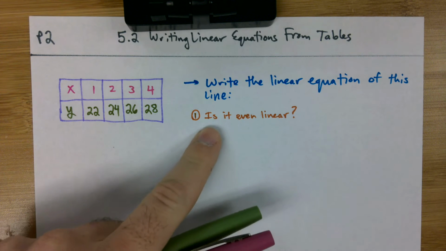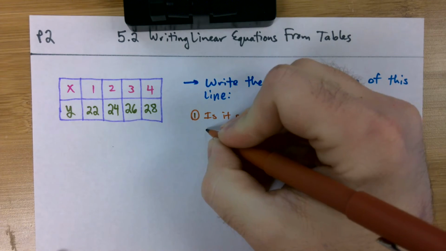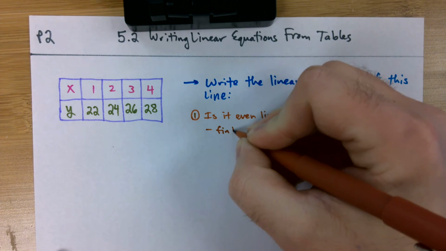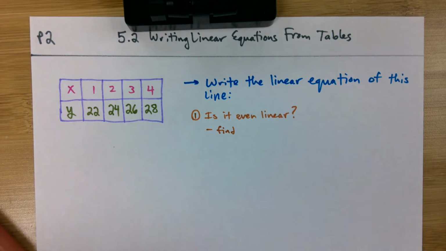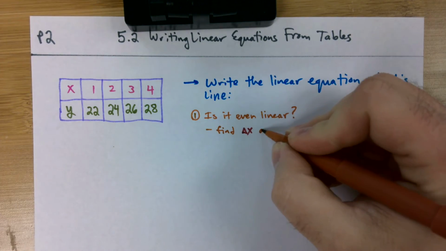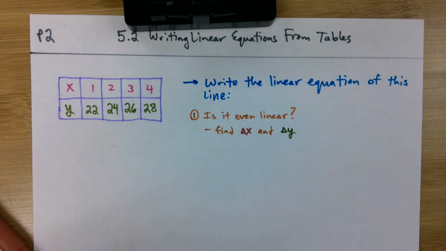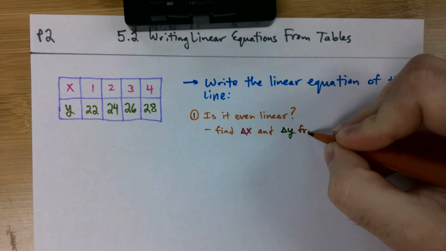First, let's figure out, is this even linear? And to do that, we're going to try and find the slope. So we're going to find the change in x, and we're going to find our change in y from our table.